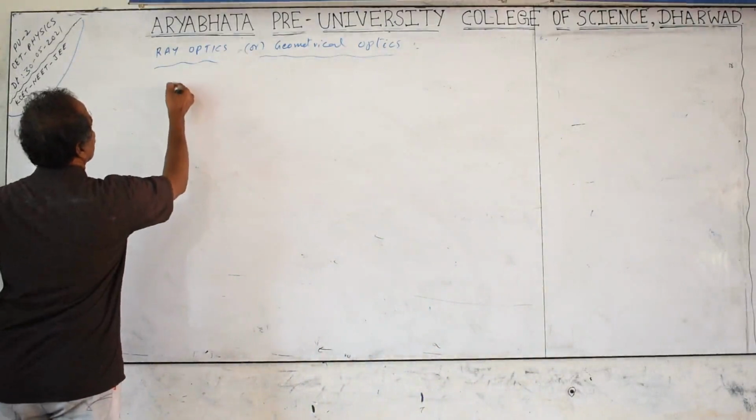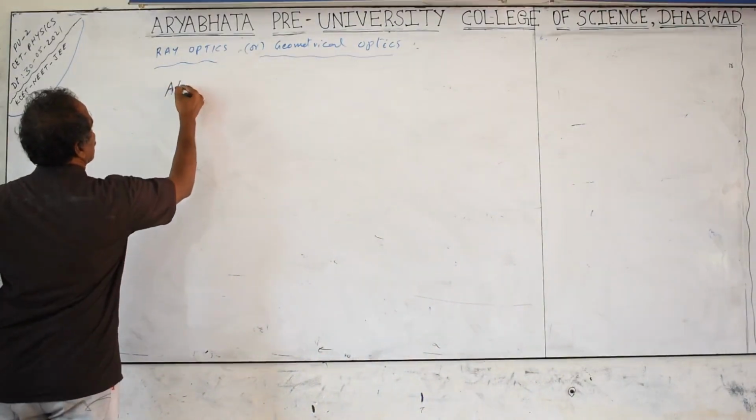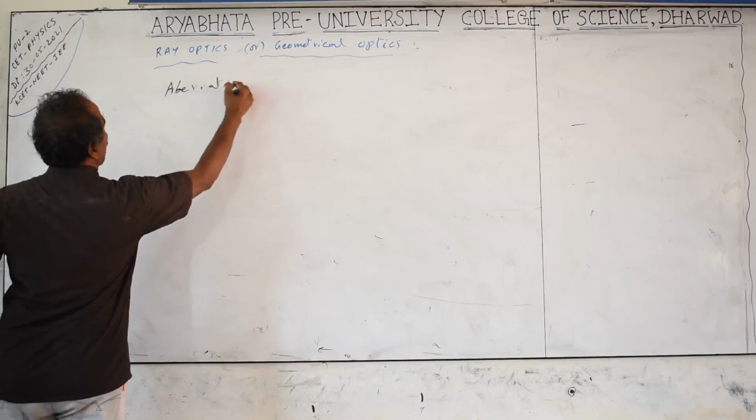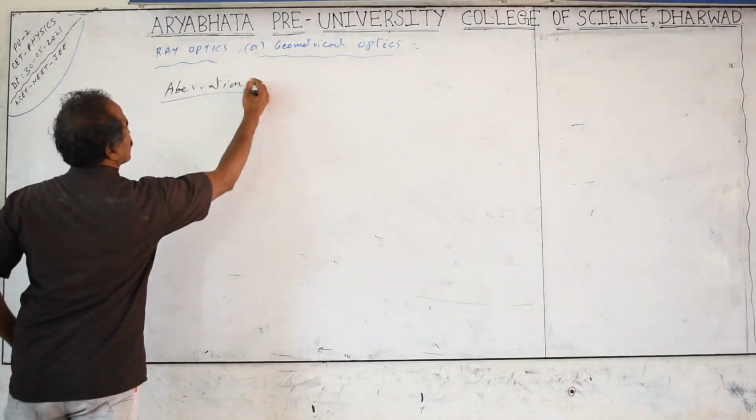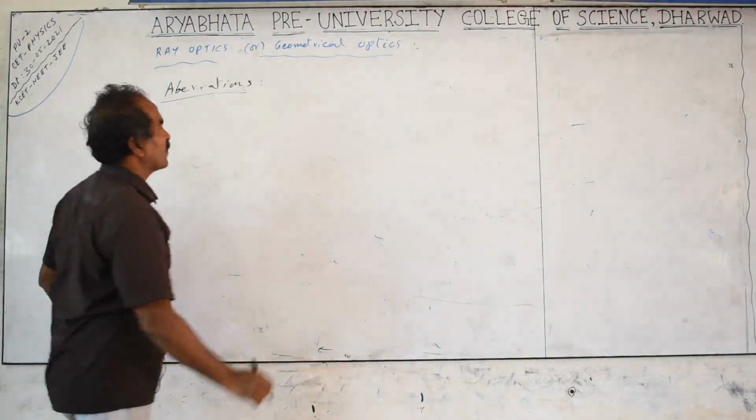Next point is aberrations. If the image is not clear, it is called aberration. There are many types of aberrations.